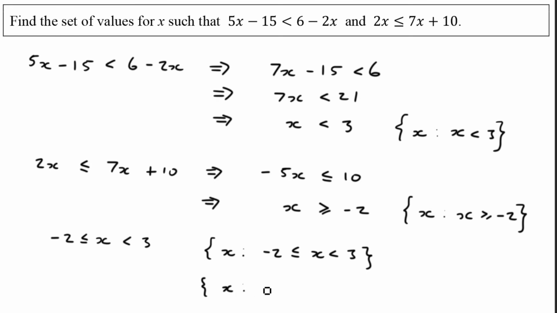We could say it's the values of x which are less than 3 and the values of x which are greater than or equal to negative 2. It would not matter which way round these two set brackets are. The important thing is we want the things that appear in both of them.